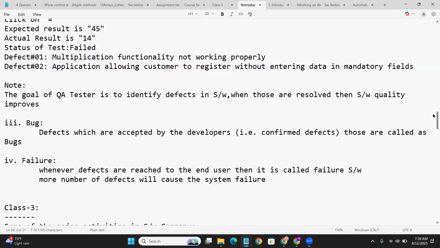There is not much difference between a defect and a bug. But once developers accept the defects which are reported, then those are called bugs. That means valid defects we call bugs.